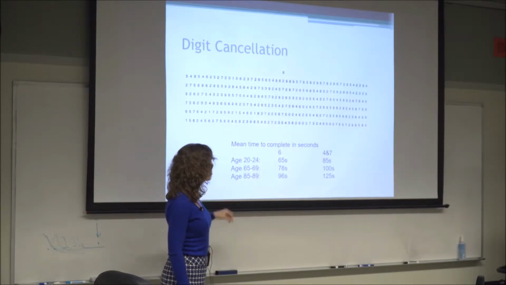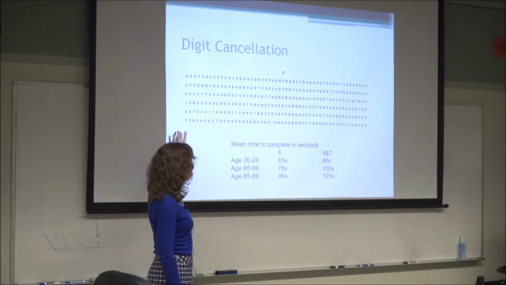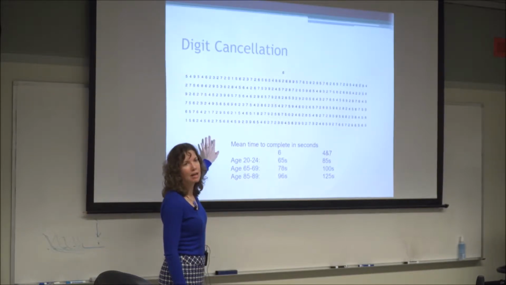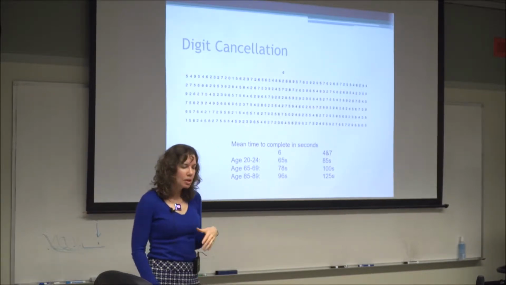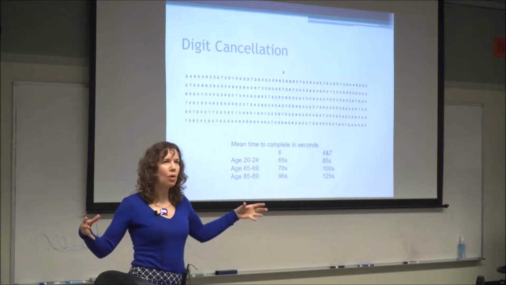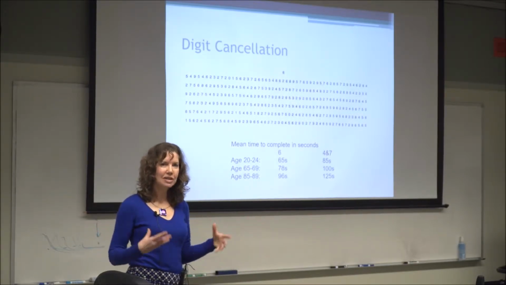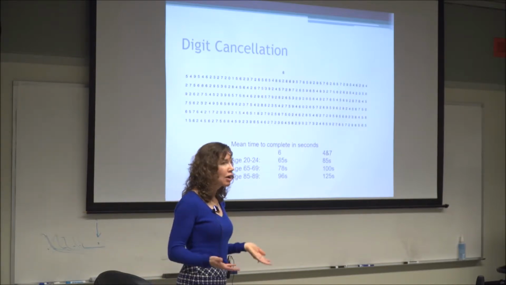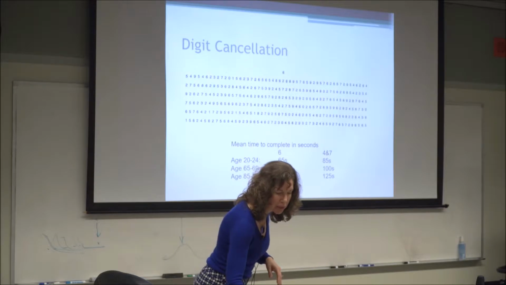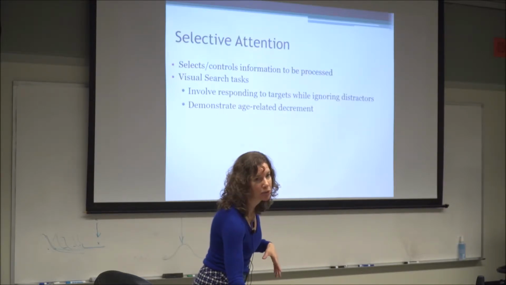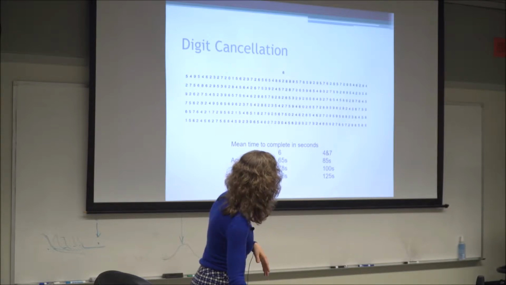And when you get over to the second task, you can see that we're talking about 40 to 50 seconds more. That can mean a big difference if you think about it across the whole amount of your day, right? These different activities that you're involved in, that change in the amount of time it takes you to do things is going to increase. So again, we do see that age-related decrement as people get older.